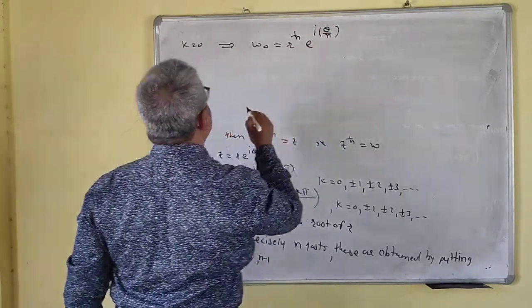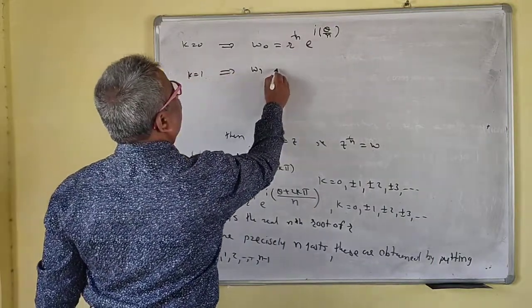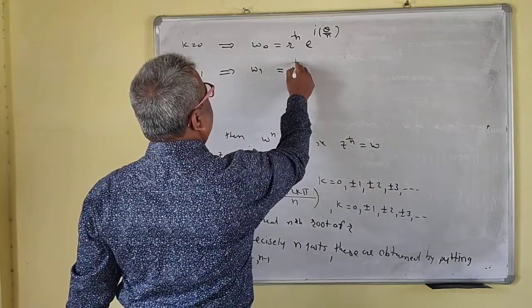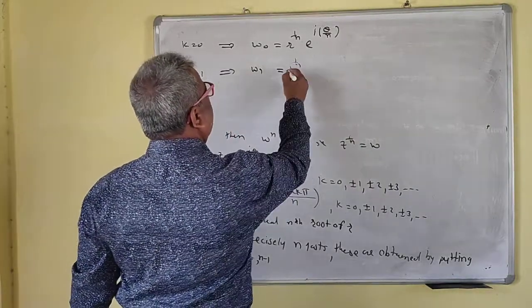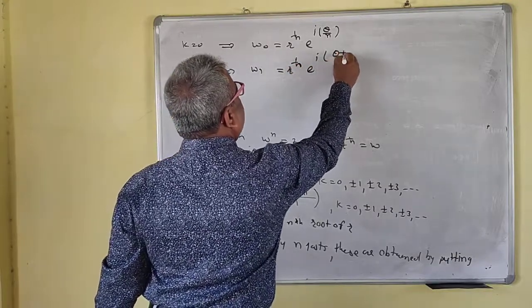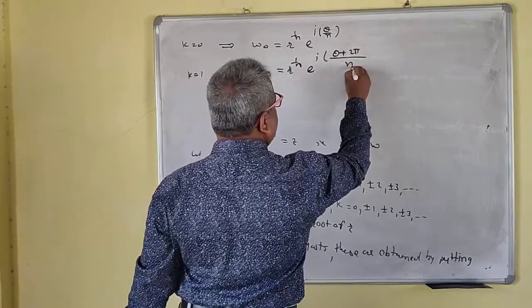Omega 1, for k equal to 1, is r to the power 1 by n e raised to i times theta plus twice pi upon n.